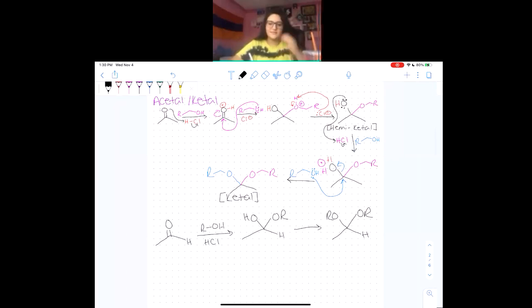So again, the same exact reaction could happen with an aldehyde, and you would get a hemiacetal, and then the final product will be an acetal. Sort of kind of makes sense.